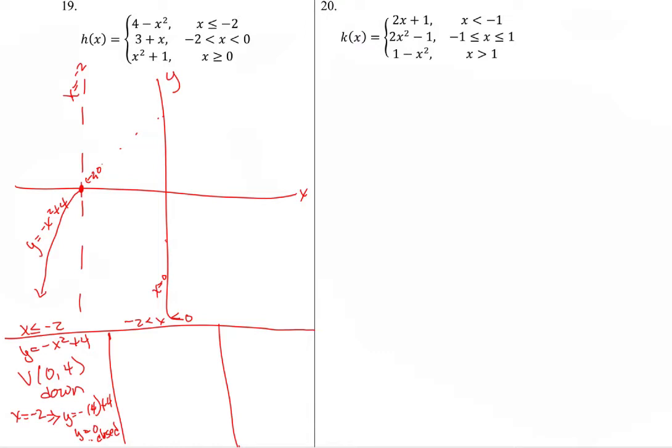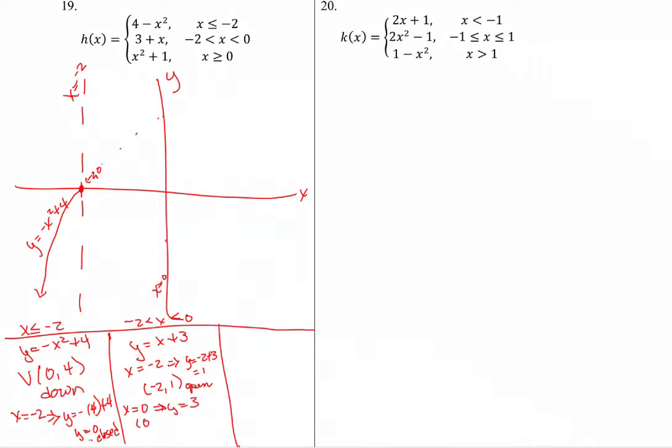Now let's look at the line y equals x plus 3. At x equals negative 2, y equals negative 2 plus 3 equals 1. So I have the point (-2, 1), and that's open. And at x equals 0, then y equals 3.